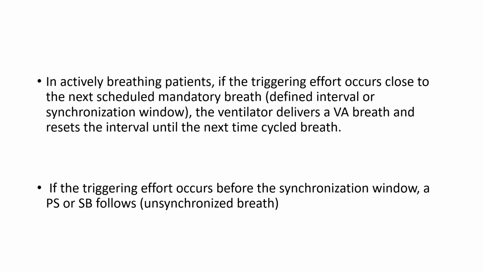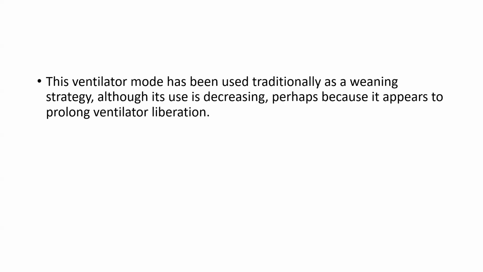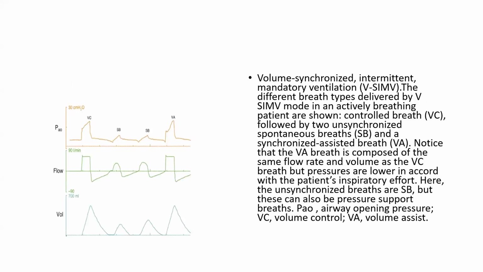If triggering efforts occur before the synchronization window, pressure support and spontaneous breaths follow. This ventilator mode has been used traditionally as a weaning strategy, although its use is decreasing, perhaps because it appears to prolong ventilator liberation. Now, this is the schematic representation of volume synchronized intermittent mandatory ventilation.